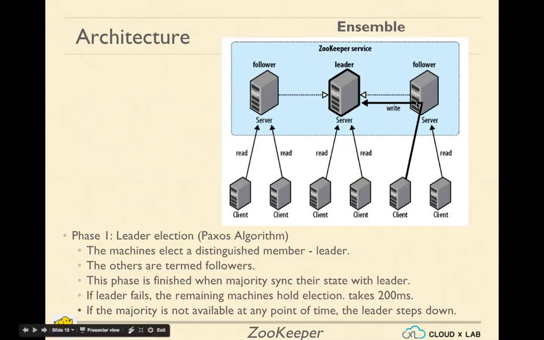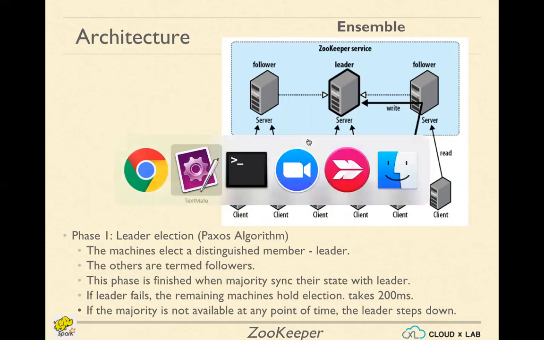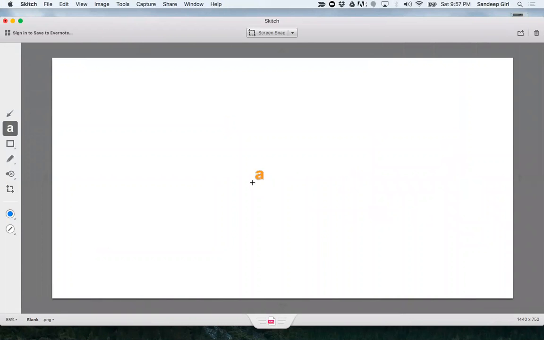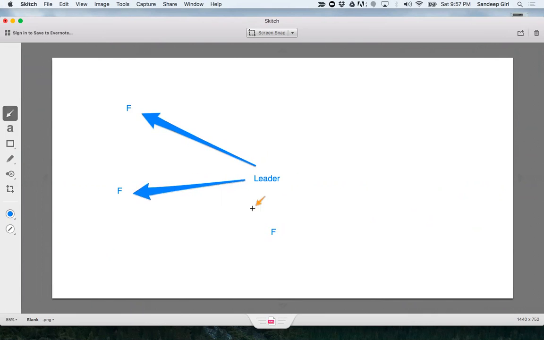The follower said let me redirect your request to the leader, and the leader is the one doing the modification of data. If you draw the diagram, there'll be the leader, then these followers, and the data is getting distributed. It's only one-directional data. Changes are coming to the leader from the client.